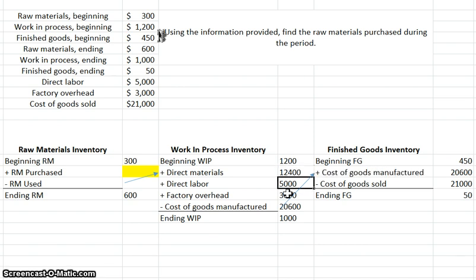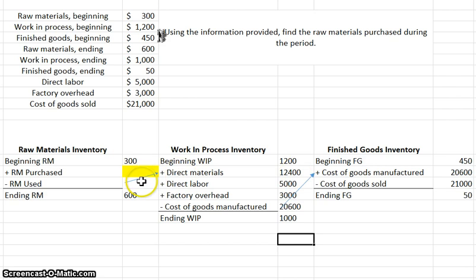And that tells us that our direct materials is 12,400. Again, I always recommend that you check your math just to be safe. Yep, 1,000. We're good to go there as well.